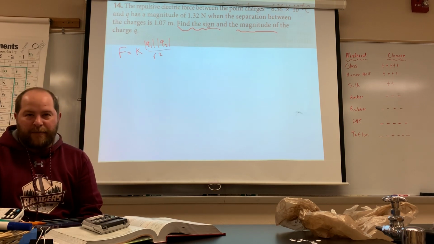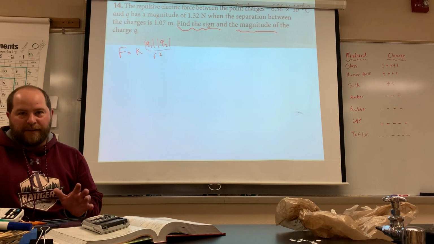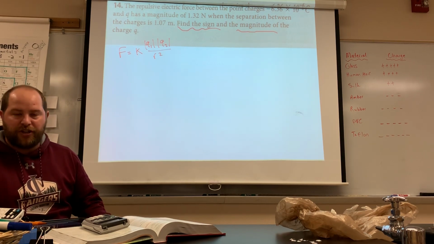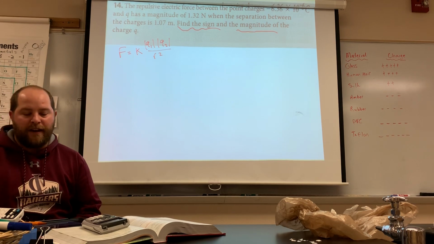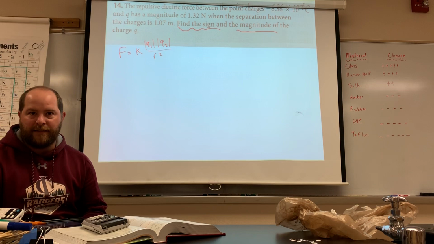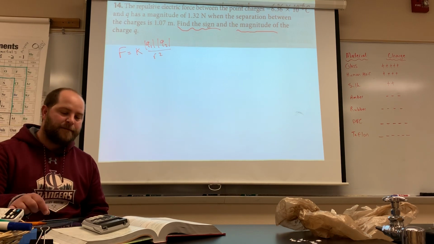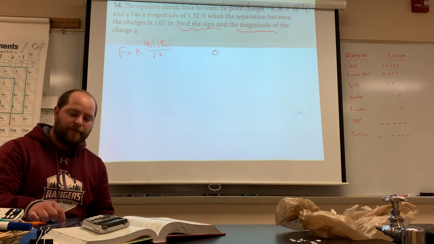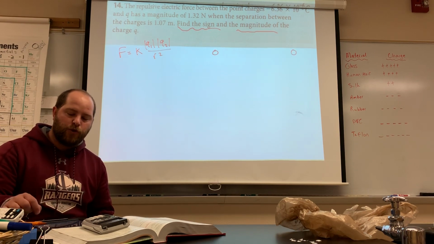I like to draw on the picture because it really helps. Because this problem asks us for the sign and magnitude of the charge Q, the picture is going to help us figure out what we mean by the sign. Well, the sign is positive or negative, okay? But when we draw on the picture, we have Q1, Q2.